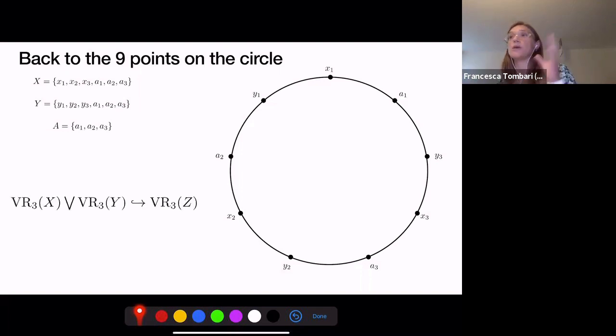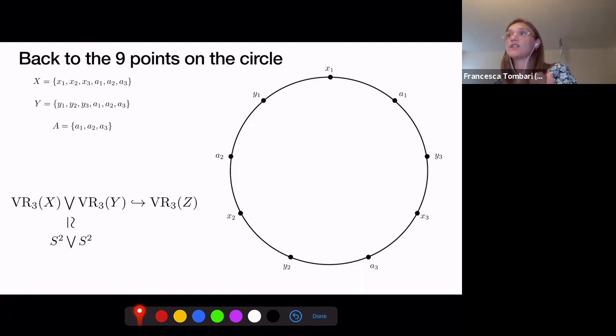And I remind you that we had this intuition of the inclusion of the data-driven decomposition into the Vietoris-Rips of the total space Z. And we also had that the data-driven decomposition is homotopically equivalent to the wedge of 2 copies of the 2 spheres. All right, so we were here.